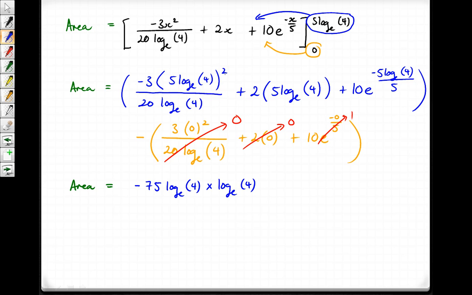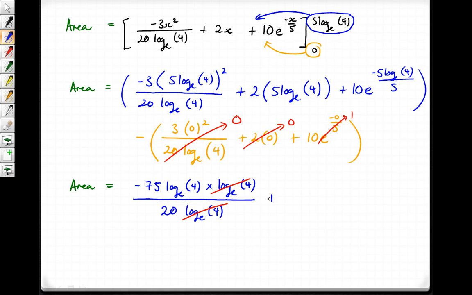So again, that minus 75 is minus 3 times 25, and then I've just split log e of 4 squared into 2 lots of the log e of 4's multiplied together. Then divide off by 20 log e of 4, and we can see that one of these will cancel with the bottom line.